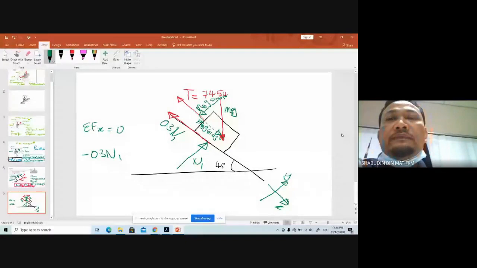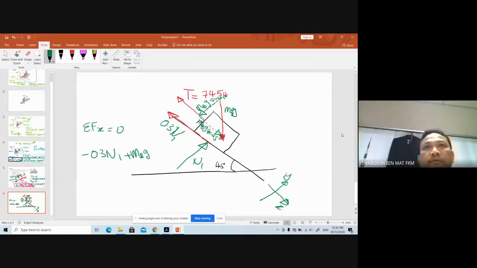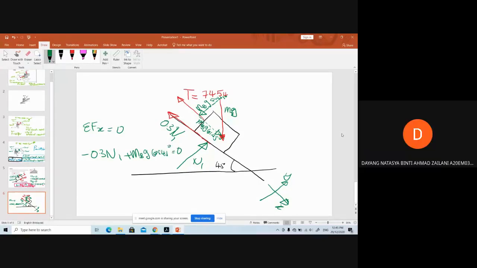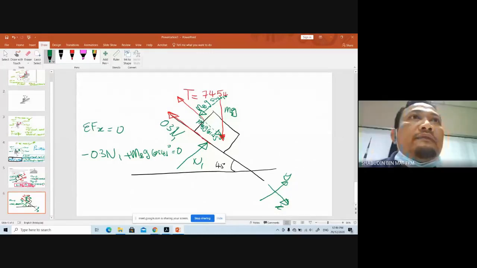In x is negative mg plus mb multiplied by g multiplied by cos 45, equal to 0. That's the only thing you have in x? No, you have another force, force T.